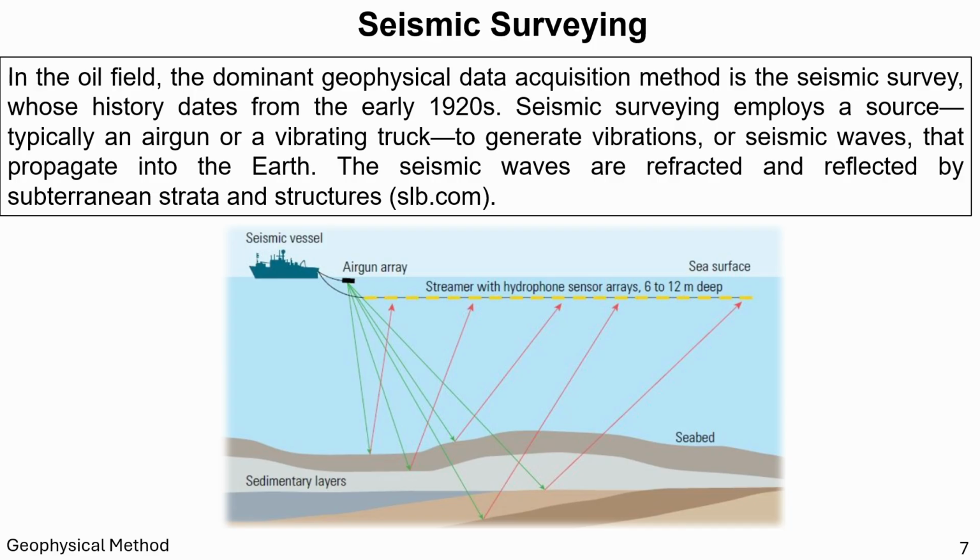A seismic source, such as an air gun offshore or a vibrating truck on land, generates waves that travel into the Earth. These waves are reflected and refracted by subsurface layers, and the recorded signals are used to create images of the underground structure.